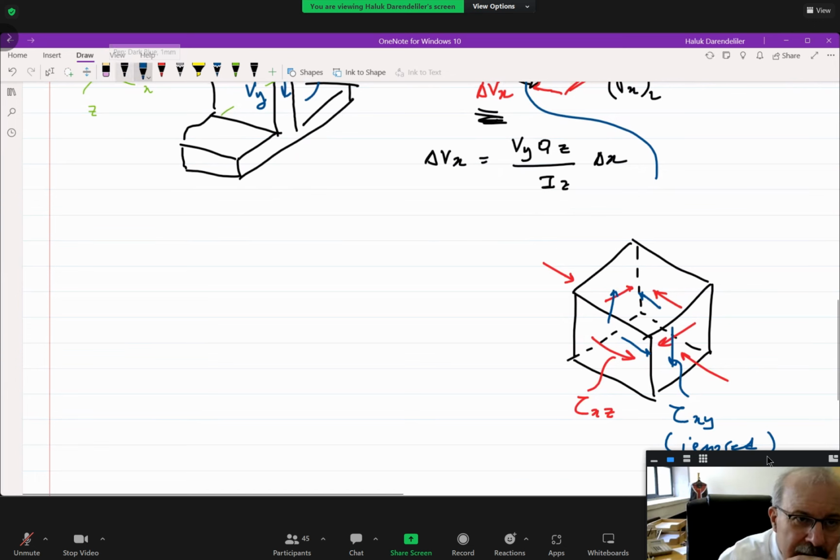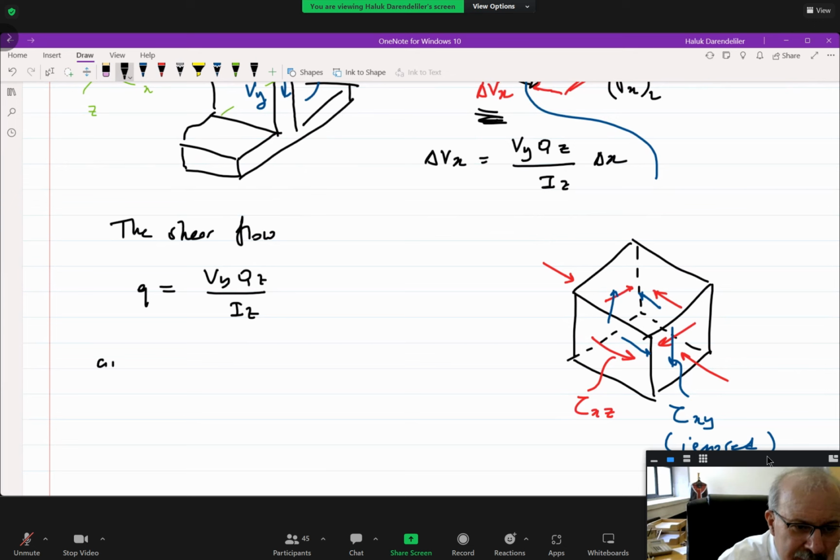So, for these problems, the shear flow is obtained with this equation again. It is Vy Qz over Iz. And for these thin members, tau is equal to q over t. Okay.